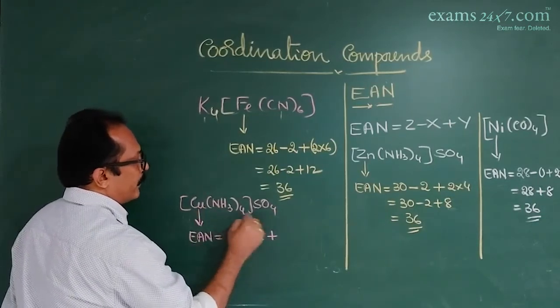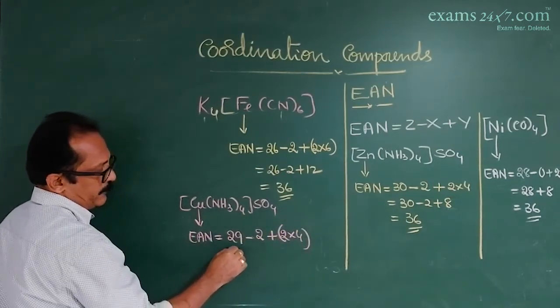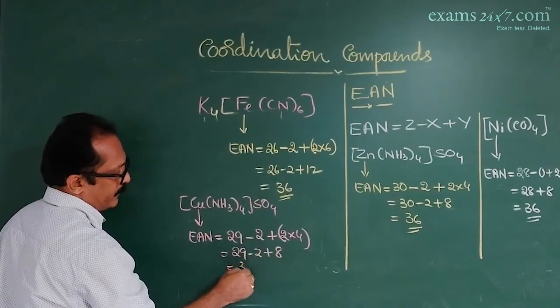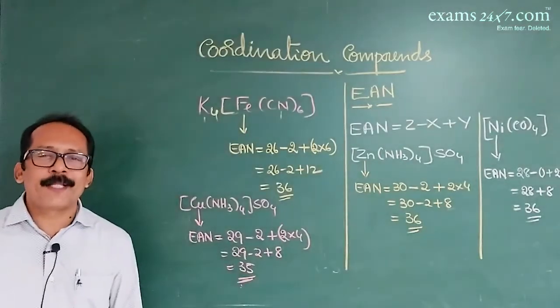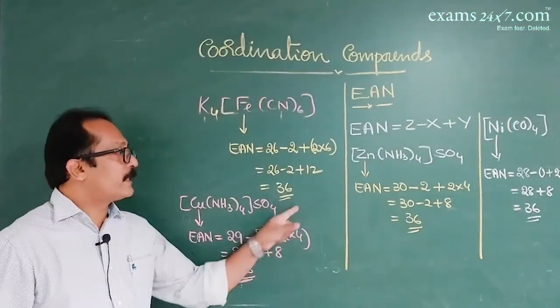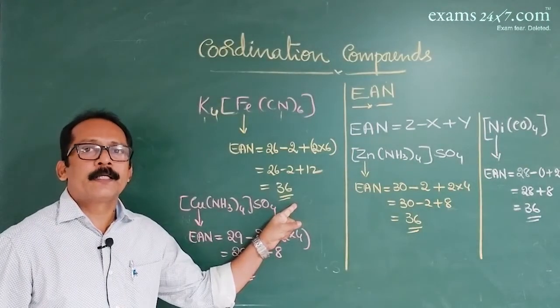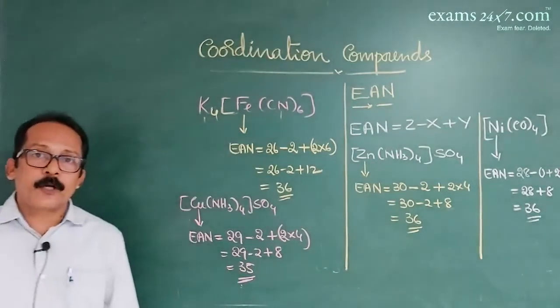Then there are 4 ligands, each donating 2 electrons. So this equals 29 minus 2 plus 8, which is 35. This compound fails to obey the EAN rule because 36 is the atomic number of the next higher noble gas, krypton, but here we got 35. So this is about the calculation of EAN.